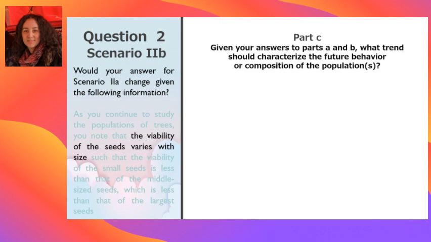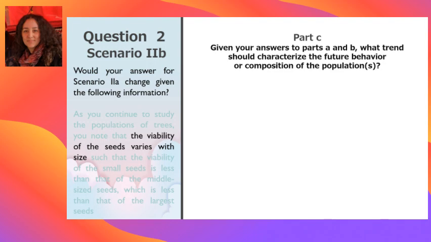Okay, so part C, given your answers to part A and B, what trend should characterize the future behavior or composition? So this one is a little more complicated. If we were really to understand future behavior in the way we've been looking at it before, where we're estimating what populations would increase, what would decrease, we would need a little bit more information.